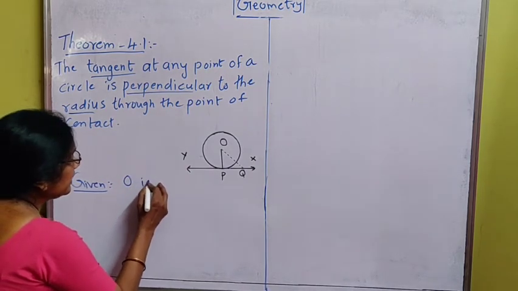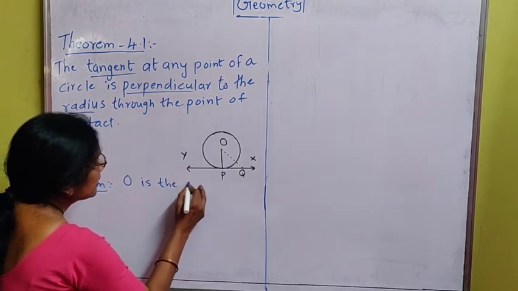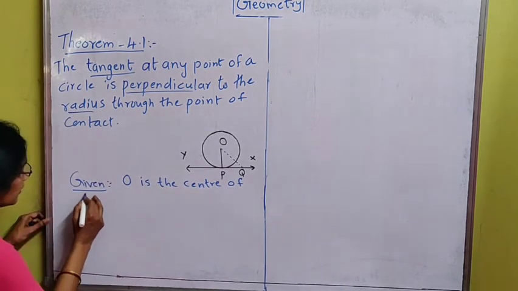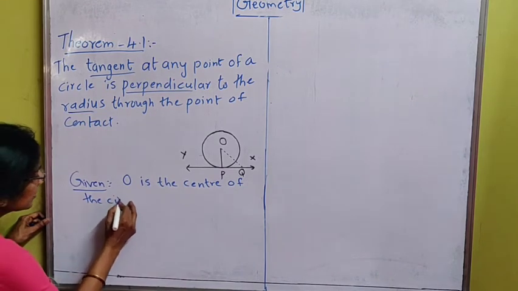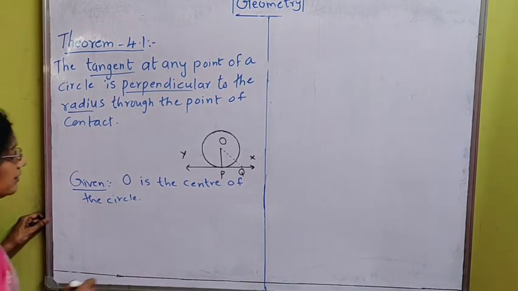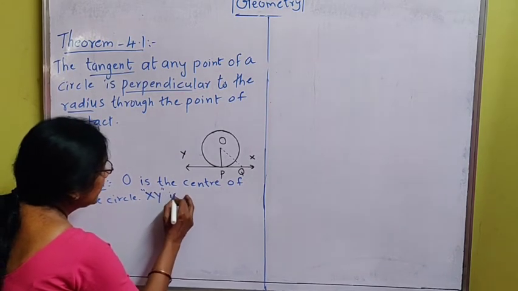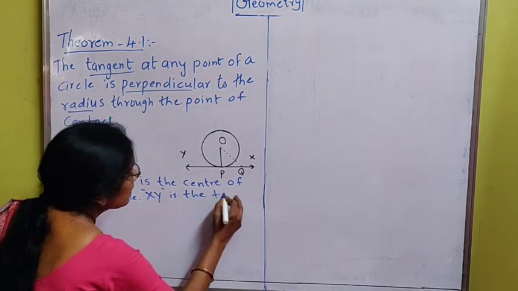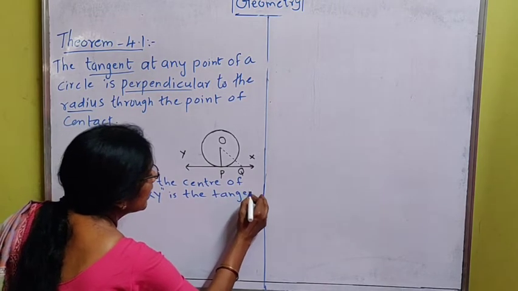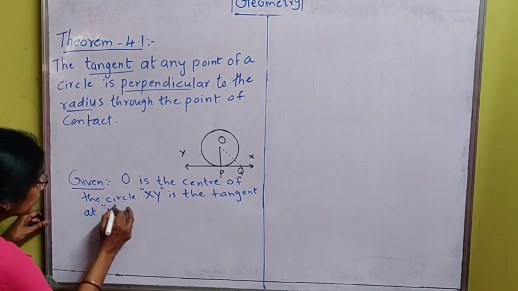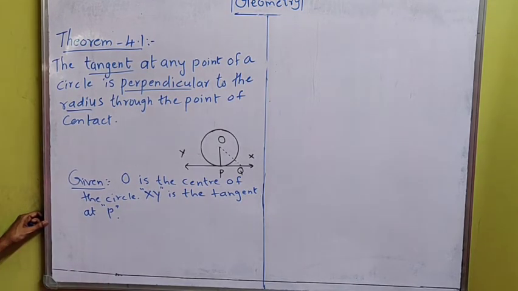O is the center of the circle. Very important. XY is the tangent at P. That means P is the point of contact.